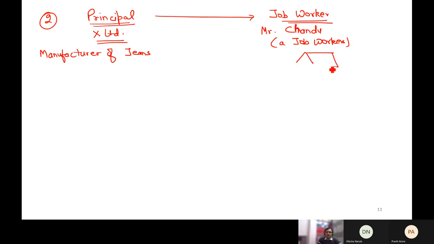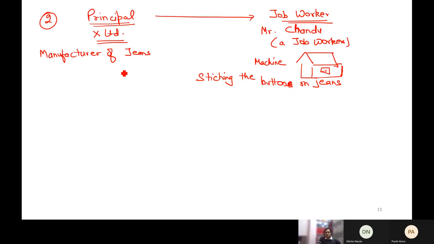He has his own small place of business, where he has only one small machine, and he is an expert in stitching the buttons on jeans. One button is required in one jean.